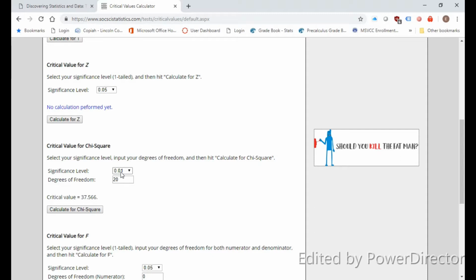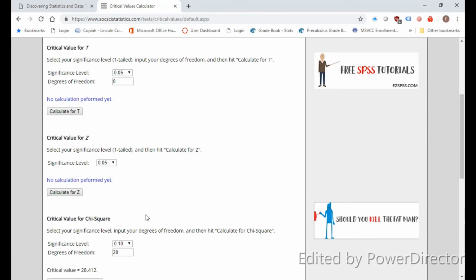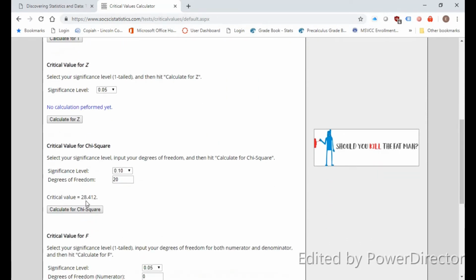Okay, so this will work. If I go back to chi-square sub 0.100, you can see 28.412. So this will work. Now, if you had to work out a problem where the degrees of freedom aren't there, it's best to use a website.